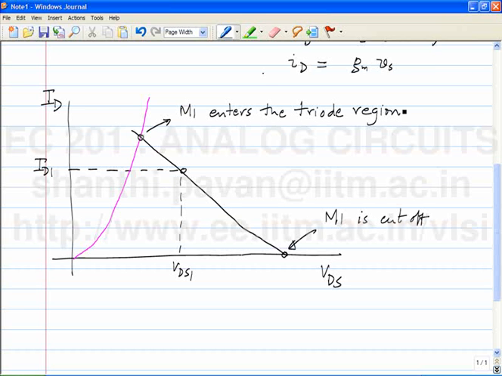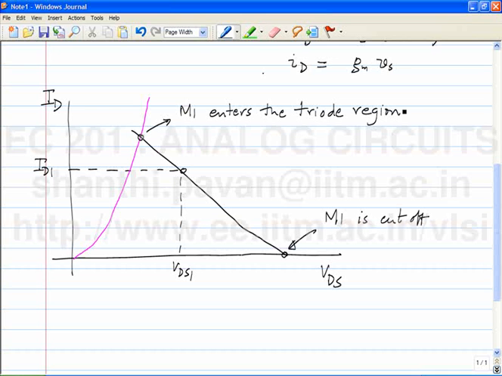And once the transistor enters the triode region, what happens to the incremental gain? The incremental gain reduces, which basically means that if the input was a sine wave, the output gain reduces suddenly when the input goes above a certain value, which I showed you intuitively will cause clipping of the sine wave.